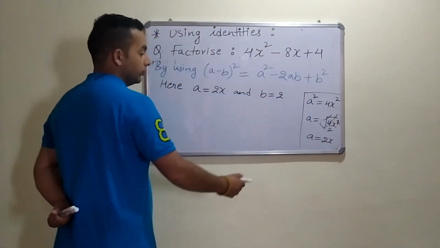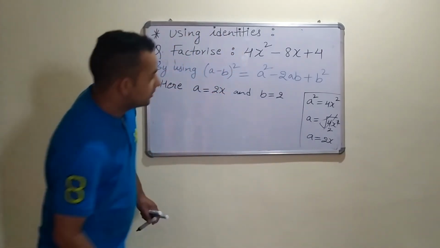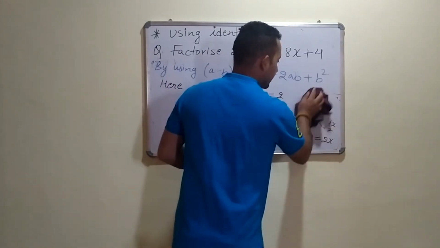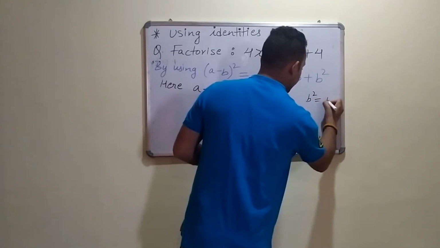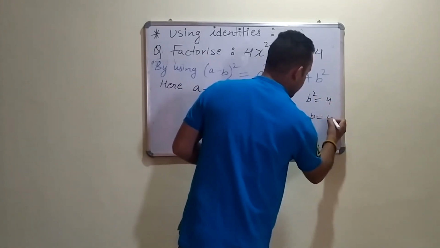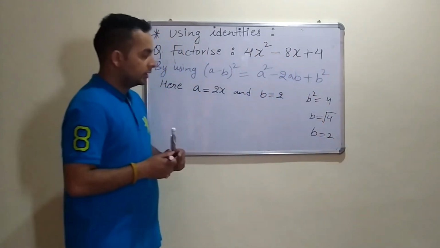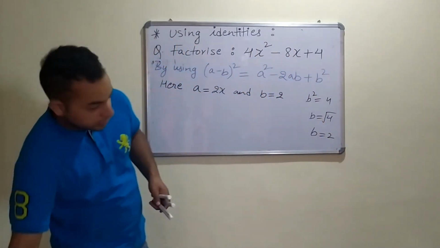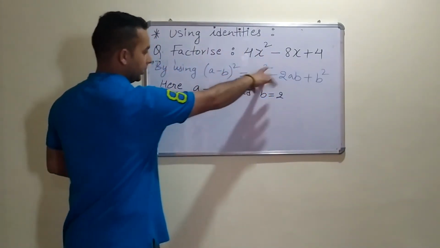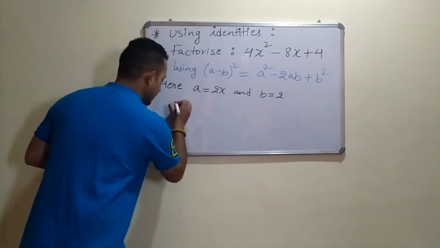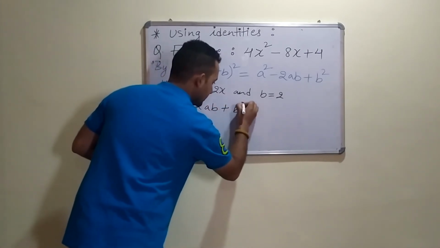So the value of a is 2x over here, and similarly in place of b square you have 4, so you're going to find out b. The square root of 4 is 2, so the value of b is 2. Okay class, now you're going to substitute these two values in this formula, a square minus 2ab plus b square.